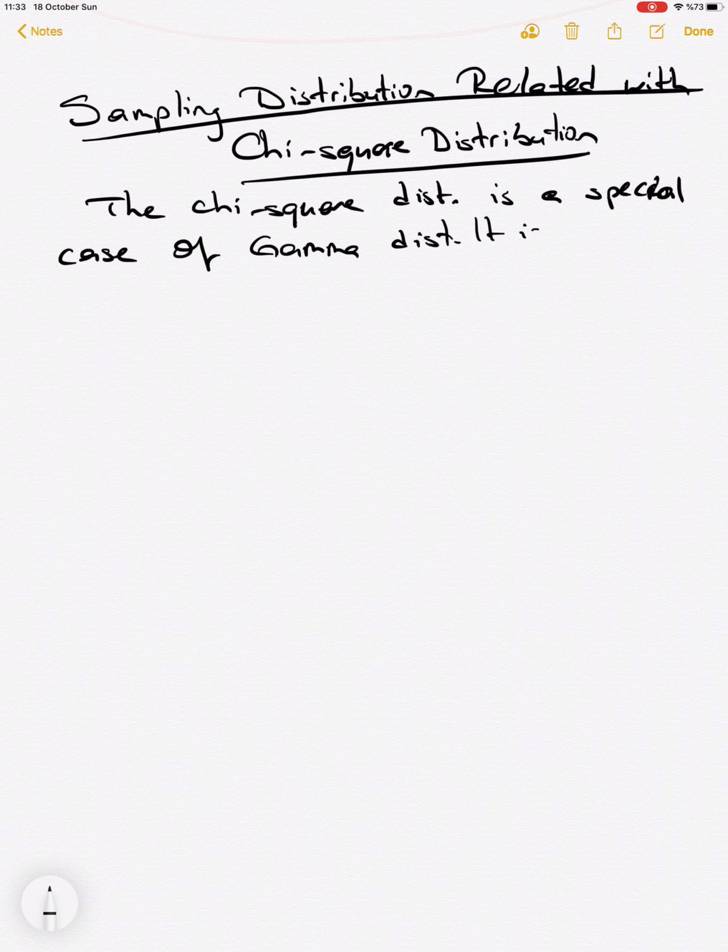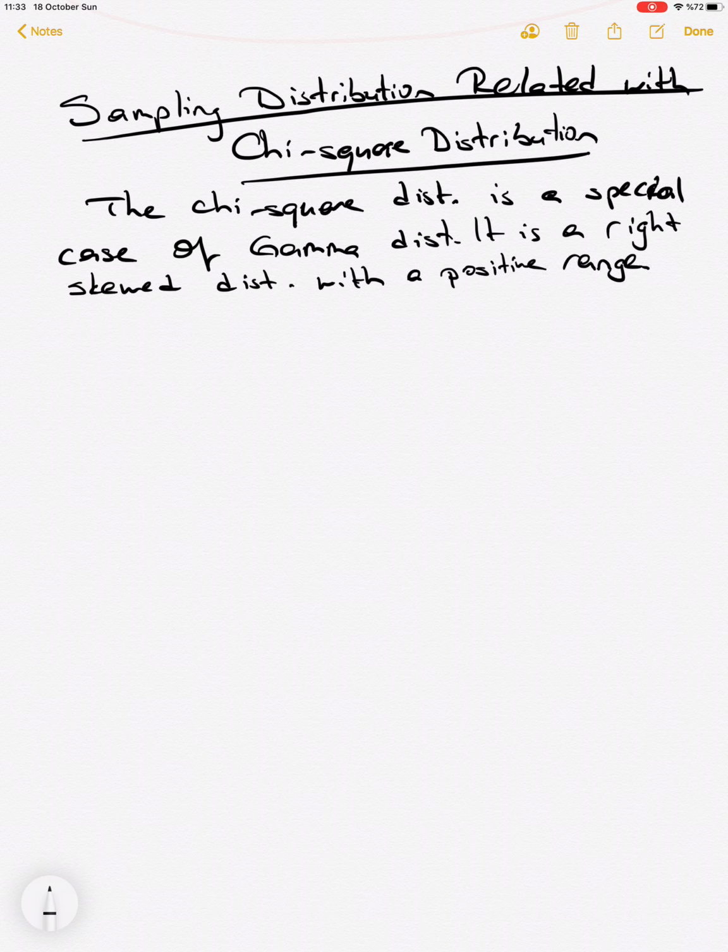It is a right-skewed distribution with a positive range, so negative values can never be seen here. Usually measurements like waiting time in a queue, waiting time in a bus stop, lifetime, follow right-skewed shape, so chi-square and gamma type distributions can be used here.